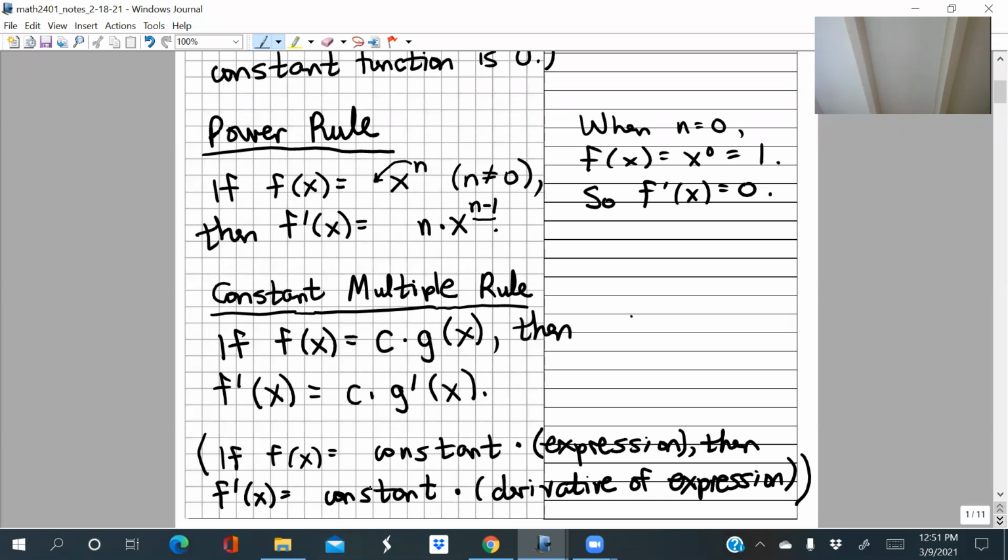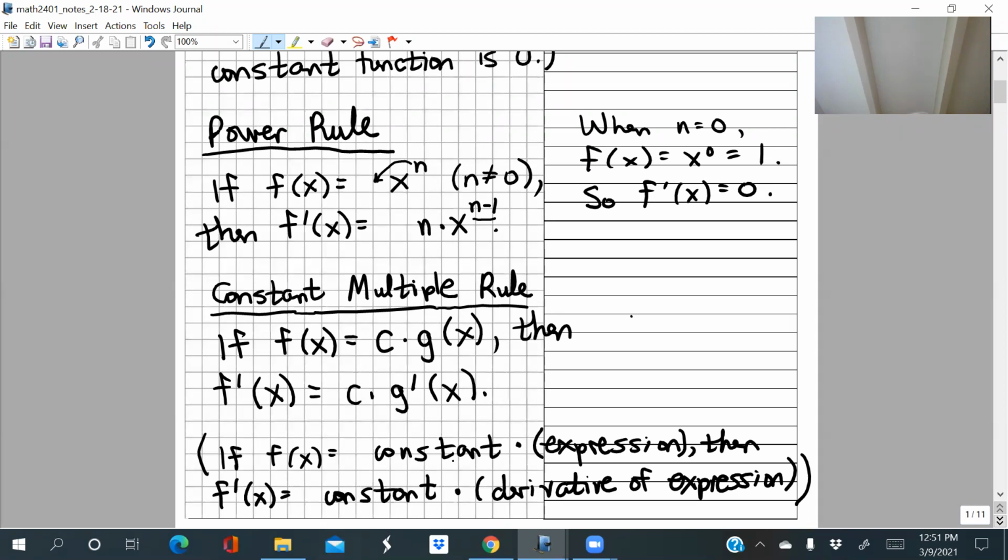All you do is keep the constant and then take the derivative of the expression. So the constant multiple rule sort of says that when you're finding derivatives, you can kind of ignore constants. They really don't contribute, or you really don't have to think about them in the derivative. They stay the same in the derivative. So again, let me repeat that.